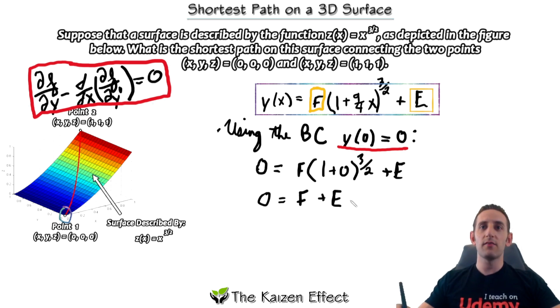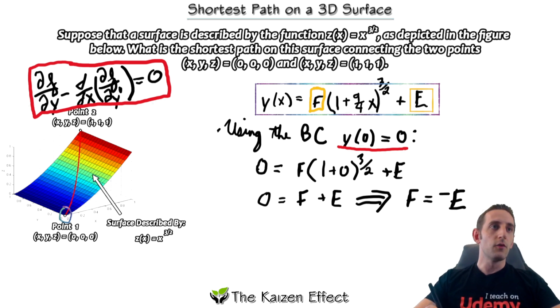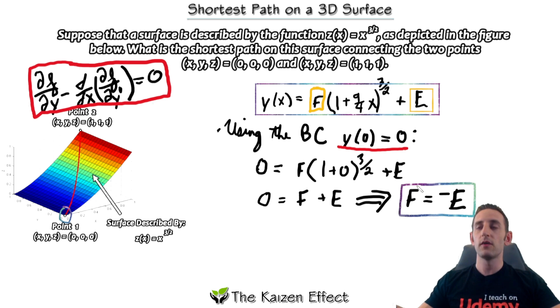And that gives us the following result. We find that f is equal to negative e. All right, so we're going to highlight that in our beautiful galaxy ink. We made another dent in the universe. We're ready to go.